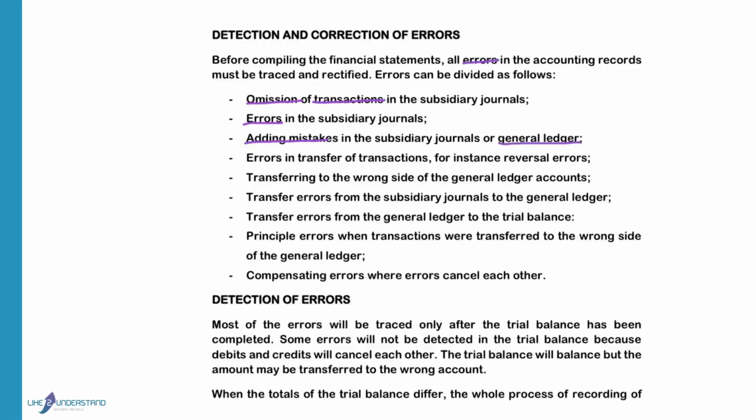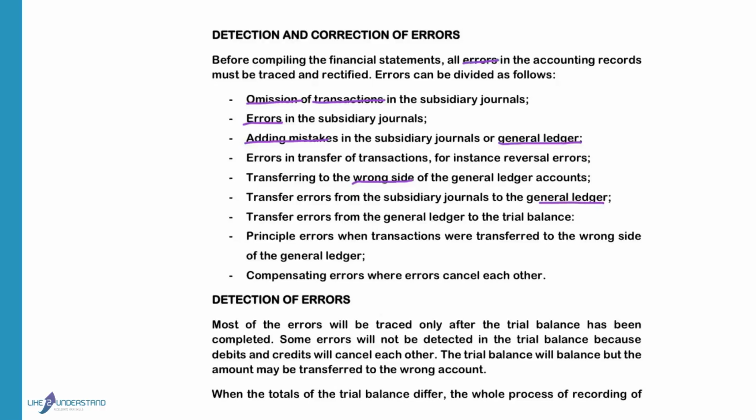Errors of transfer of transactions, so that is, for instance, when you have amount 289 and you write 298. Transferring to the wrong side of the ledger account. Transfer errors from the subsidiary journals to the general ledger.